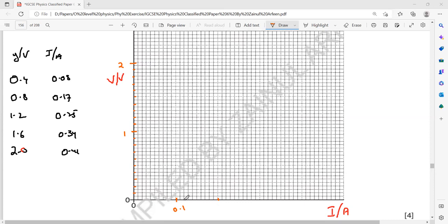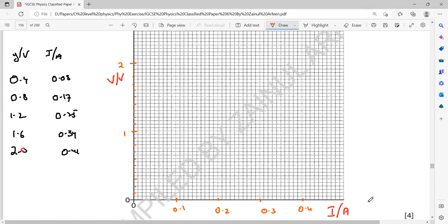So this one will be 0.2, then this I select as 0.3, then this will be 0.4.